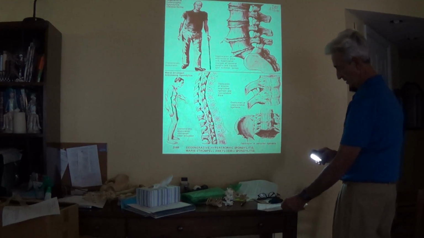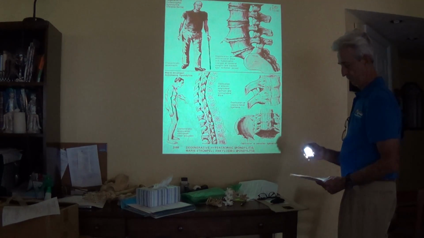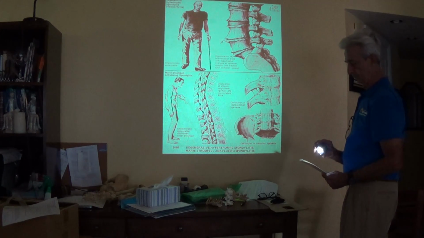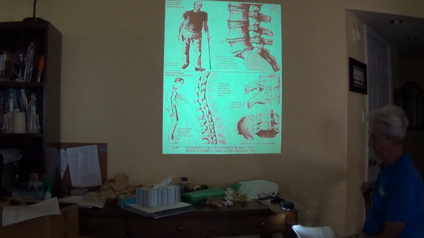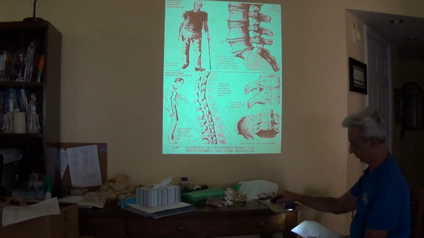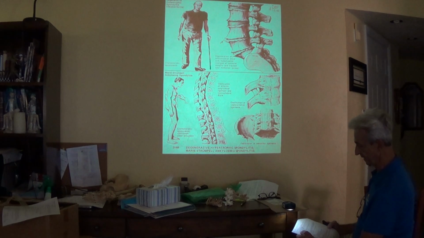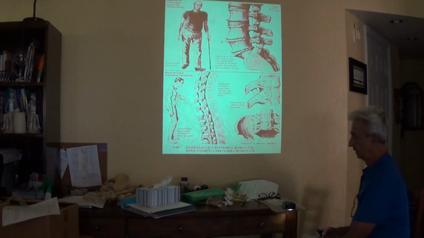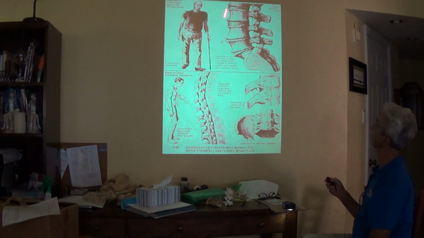So they call these different problems disc collapse, overriding facets, facet capsular arthritis, ligament unfolding, ligament folding, and those are all degenerative problems occurring in this area.